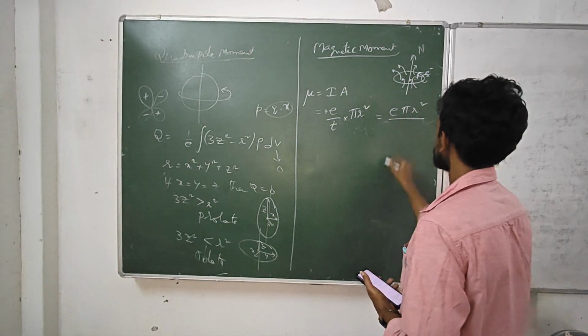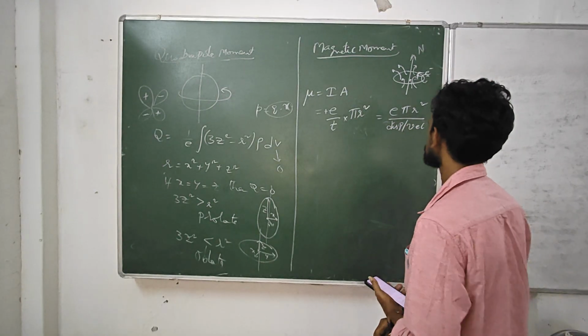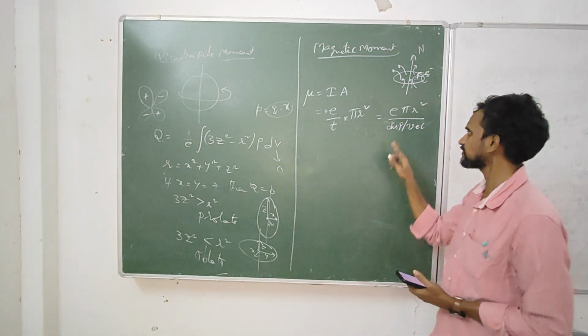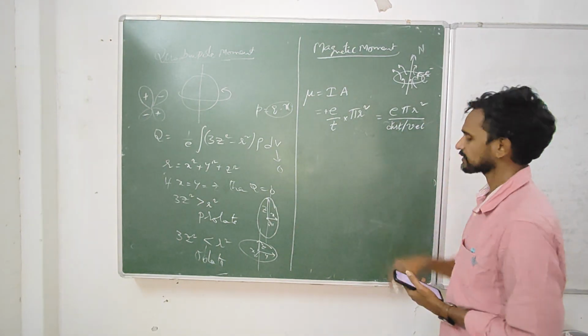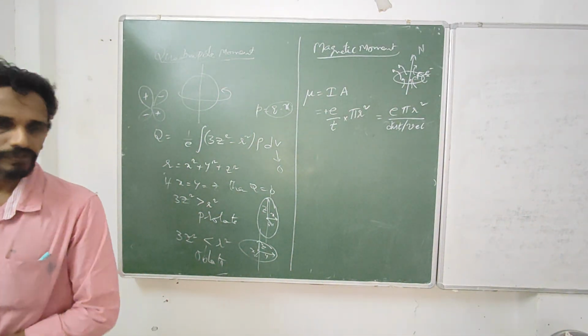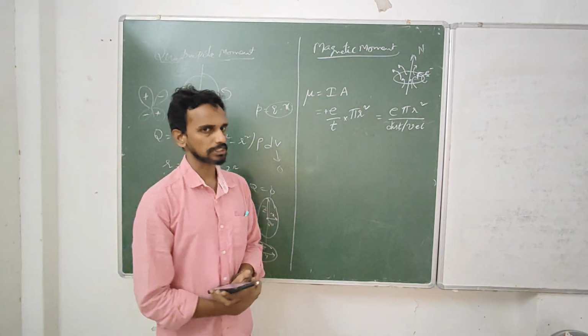I should write displacement by velocity. Time. What is distance by velocity? So you cannot talk about displacement in circular motion. So distance by velocity gives you the time of travel.